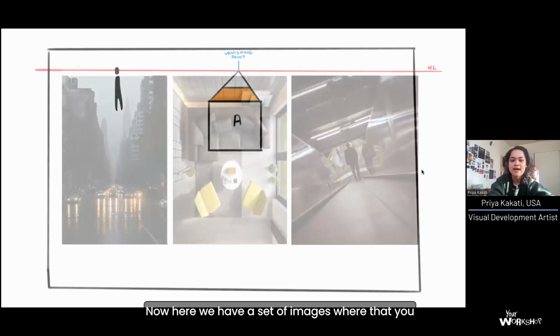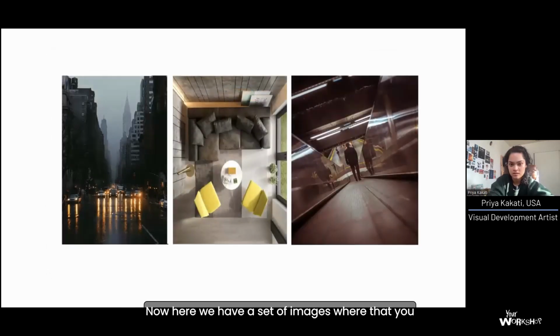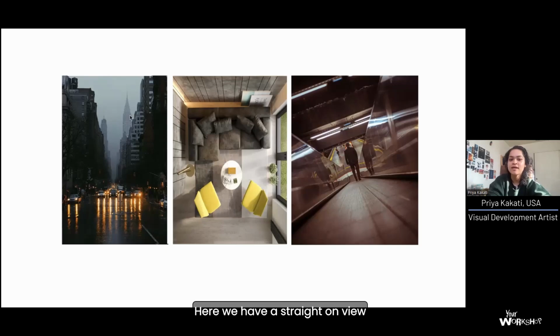Now, here we have a set of images where you don't have to guess. Here we have a straight on view of New York City, Manhattan. The second image is a top-down view of a room, and the third one is a Dutch angle.